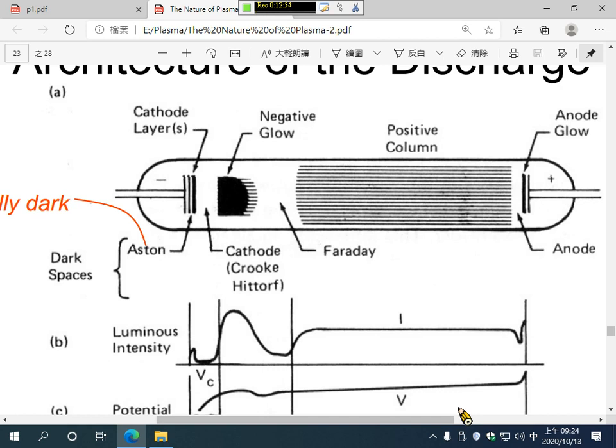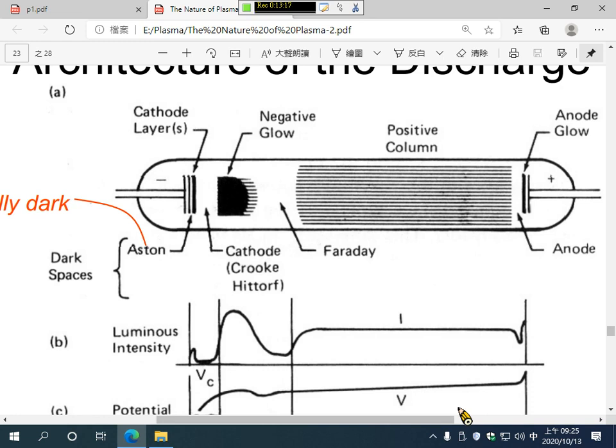Usually these photons fall in the range of UV and visible light, and some may be infrared. So this is called relaxation, or de-excitation, which gives the release of photons.